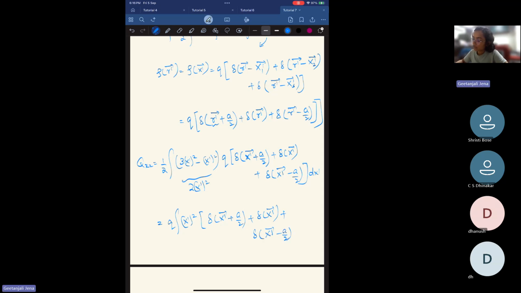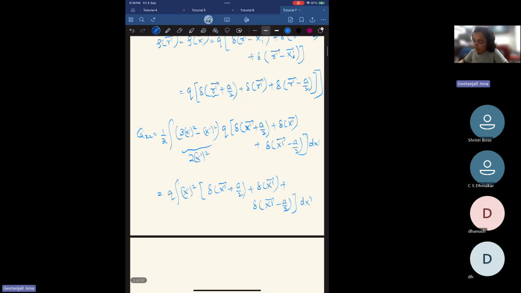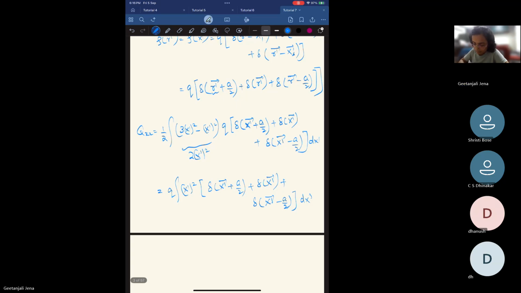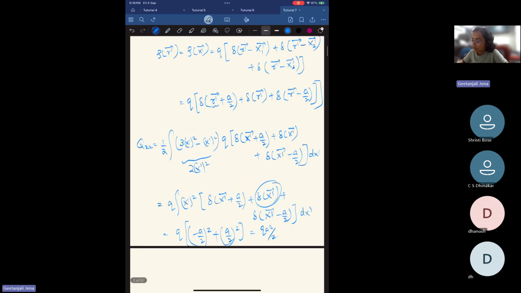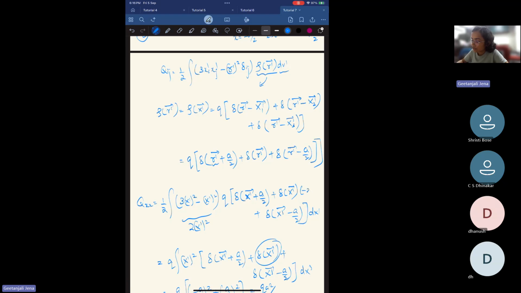We'll see how to simplify the step in the next question. So for this, we'll get q minus a by 2 square. The second one will give 0. This is a by 2 square. Okay, so there will be a minus 2 here.